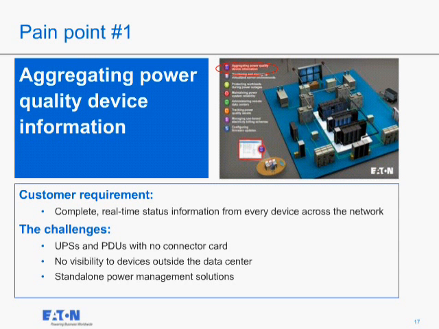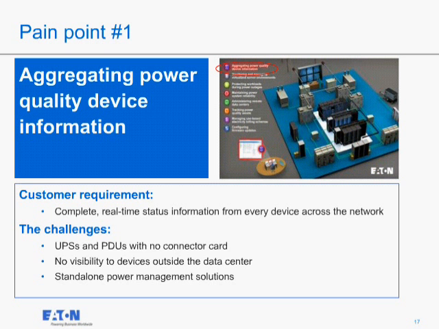Some of the particular nuts and bolts details you might be running up against: power quality devices with no connectivity cards, no network communications, no visibility to devices outside of a single data center, and you might have standalone power management solutions which are causing you problems.